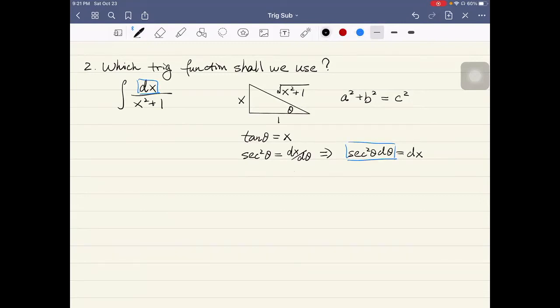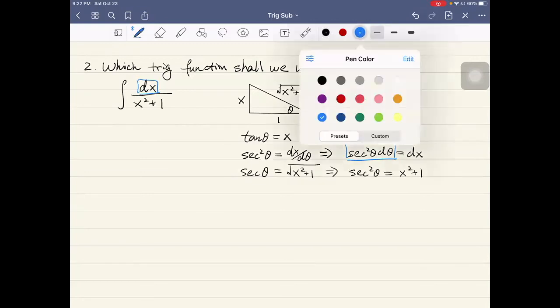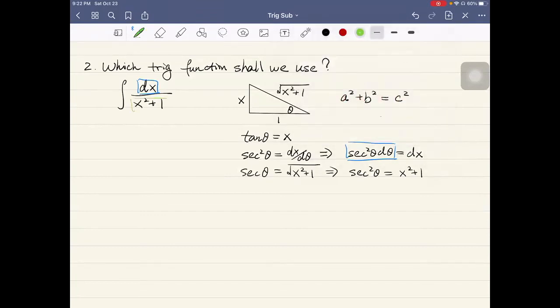And then from the right triangle, we also see that secant theta is equal to square root of x squared plus 1, which means that secant squared theta is equal to x squared plus 1. So basically, we can replace x squared plus 1 by secant squared theta.